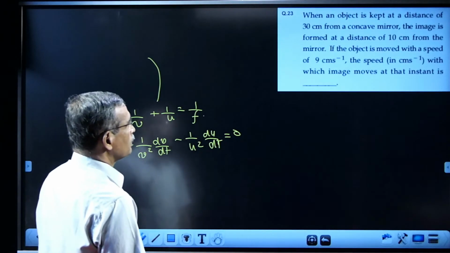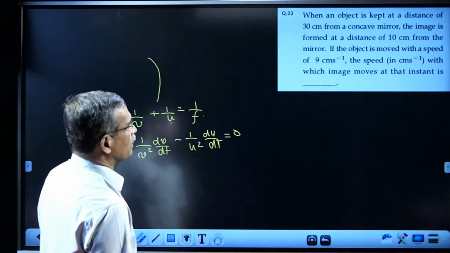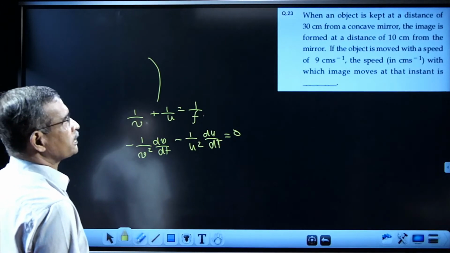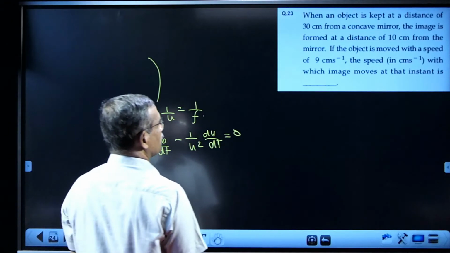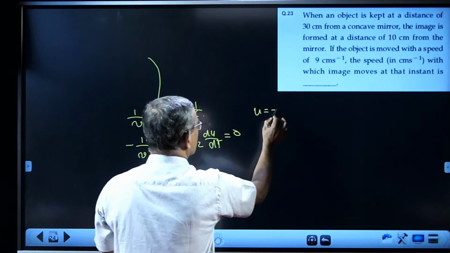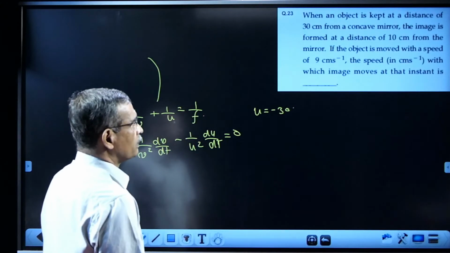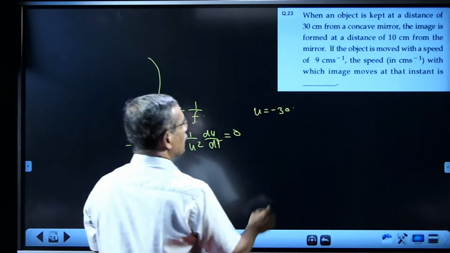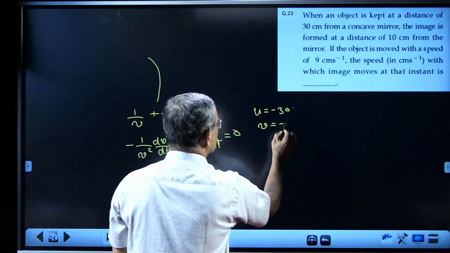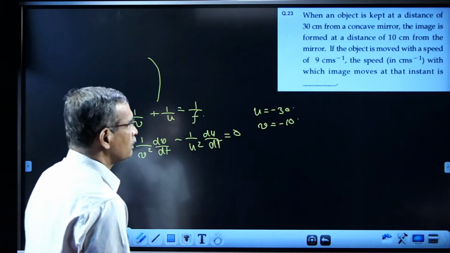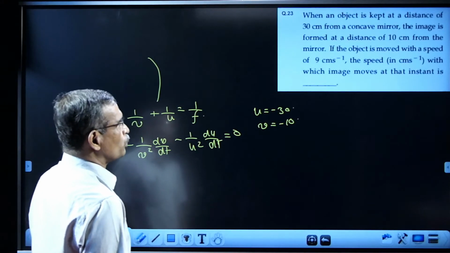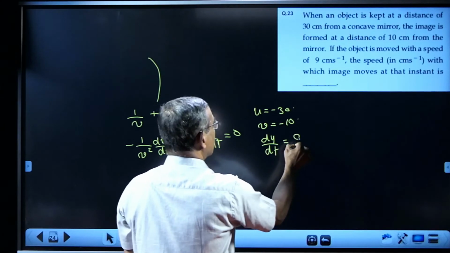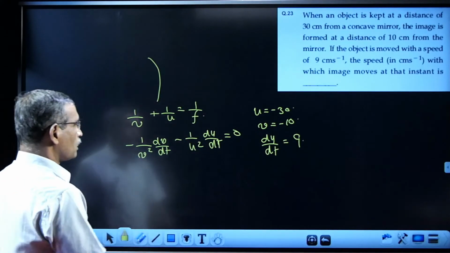Now here in the problem you are given that the object is kept at a distance of 30 cm from the mirror, so u is equal to minus 30, concave mirror. Image is formed at a distance 10 cm from the mirror, v is equal to minus 10, given. And the object is moved with a speed, du by dt is given 9. Now dv by dt is asked.